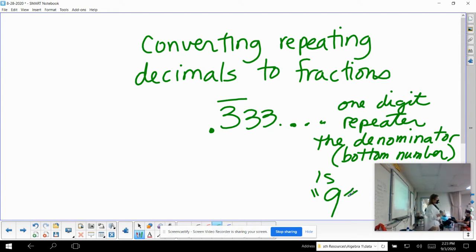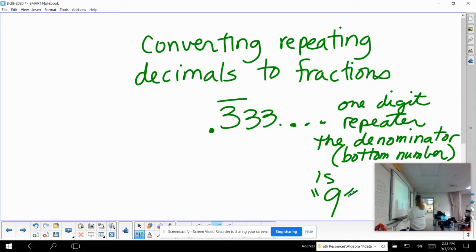So that's been the main thing people have asked about. Every time you have a repeater decimal, the bottom number is 9. You have all that written? You want to be done as close to when I'm done as possible so we can keep going.